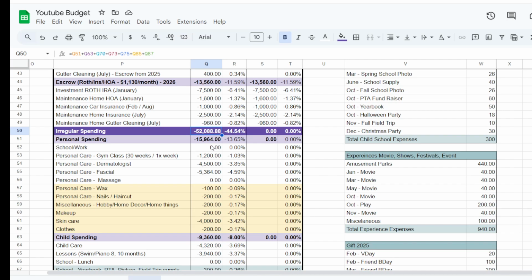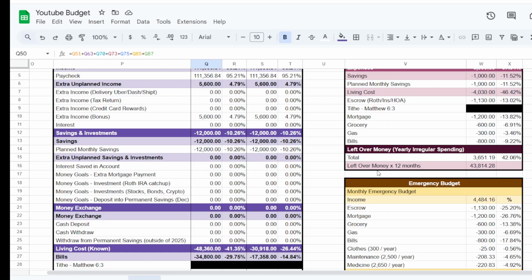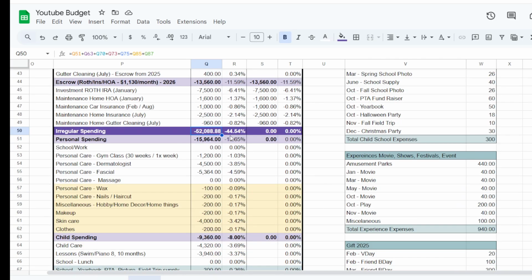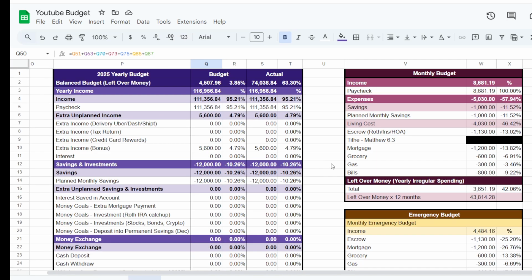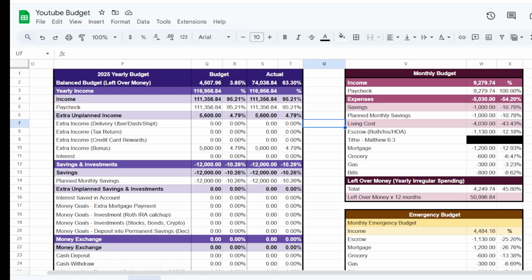So already you can see that I am over budget by, let's see, 43 and 52, about $9,000. Sorry, I had a pause because I was wondering why the money wasn't adding up.